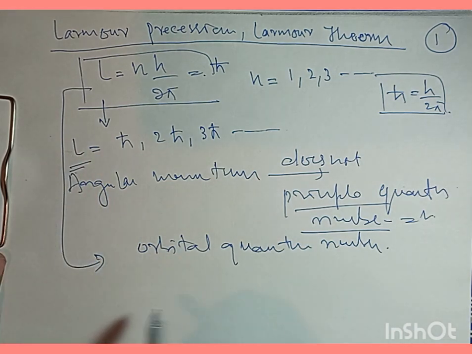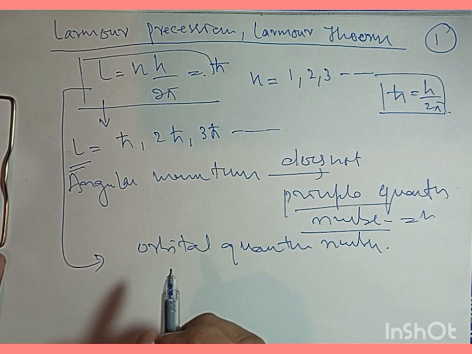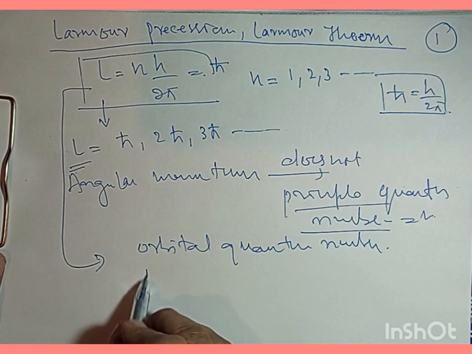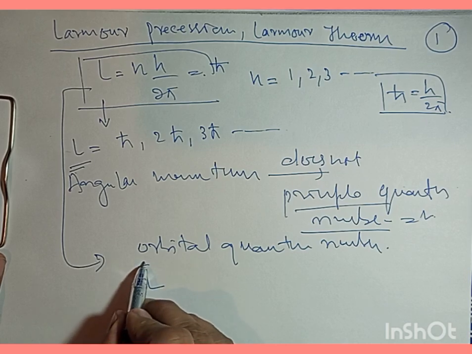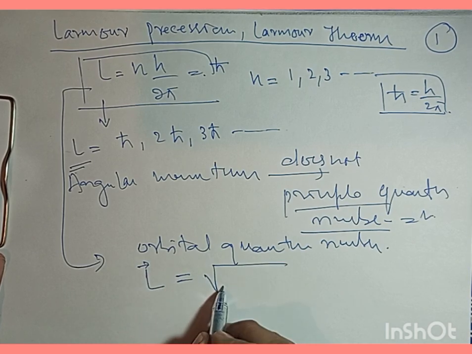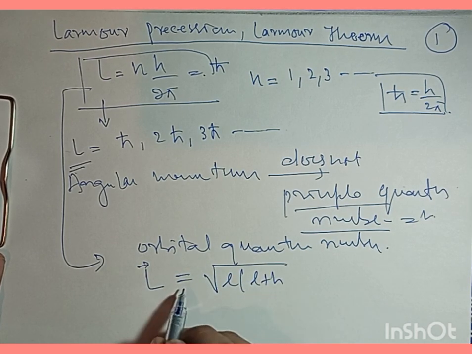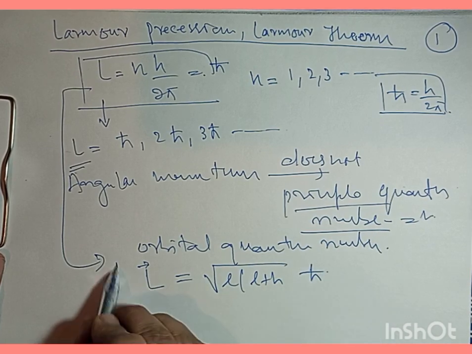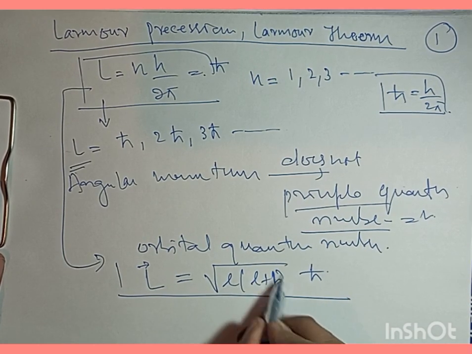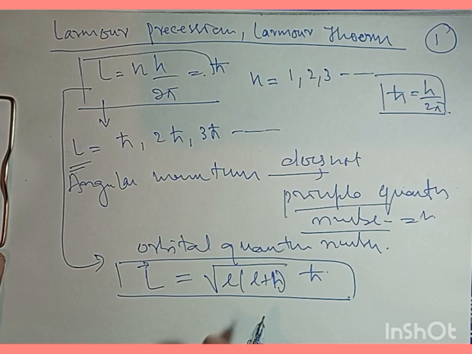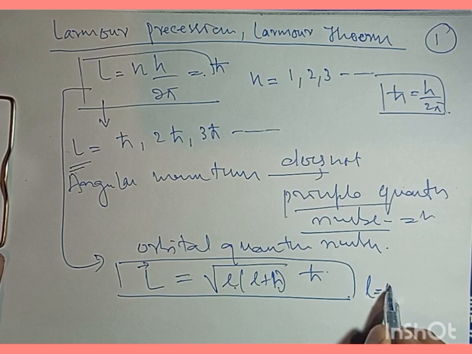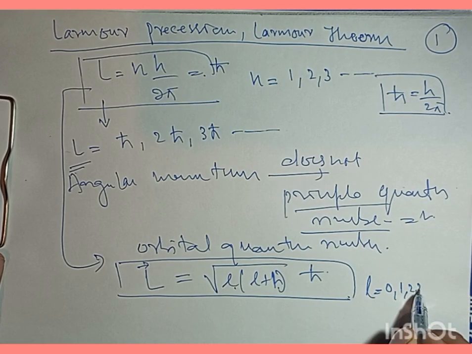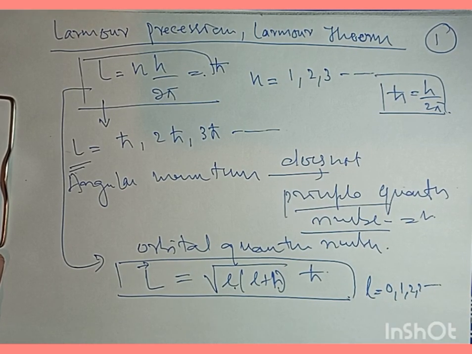And solving Schrodinger's wave equation for the hydrogen atom, we have this L, which is angular momentum, equal to under root of l times l plus 1 h cross. This is equation 1. And this l is the orbital quantum number, and the value of this l can be 0, 1, 2, and so on and so forth.